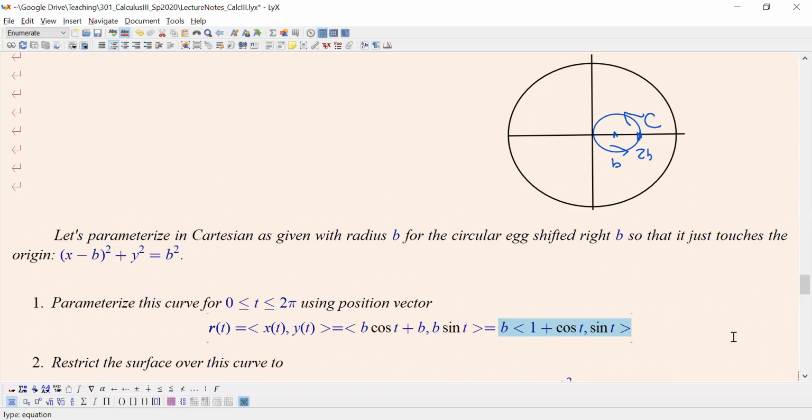So we're going to plug in these position values for x and for y, and then look at how our surface is restricted and how much the path is changing as I move around. What is the speed at which I'm moving with this parameterization?